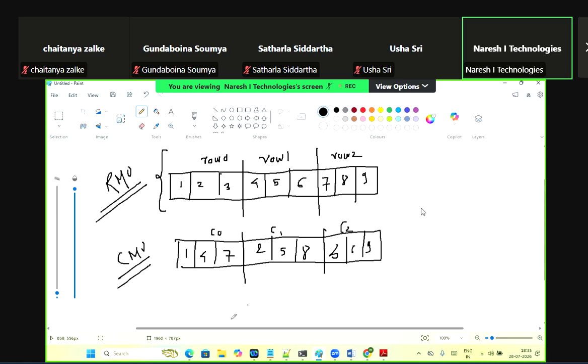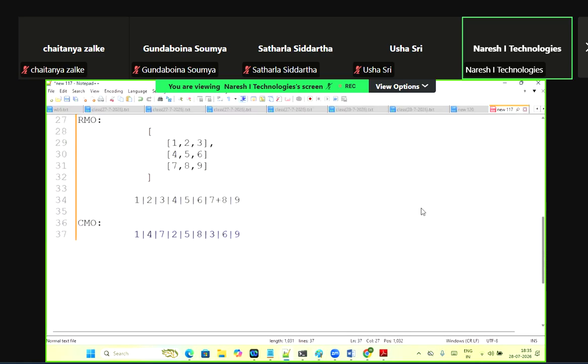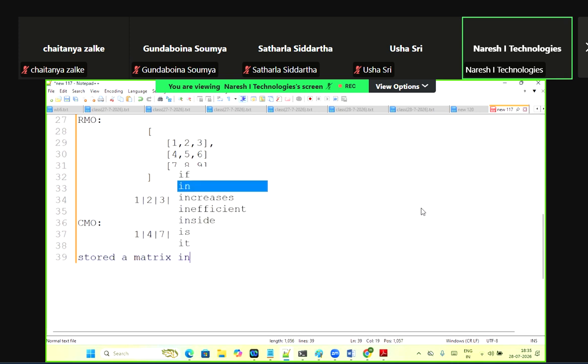Okay. Listen guys, now what will happen? See guys, I'll try to explain at a very high level, right? I will not go too deep because it goes into the operating system, which is not required now, correct? So let's take a simple example. Usually guys, whenever you are storing data, let's say I wanted to store a matrix. Where exactly is it getting stored permanently? On your hard disk, correct?